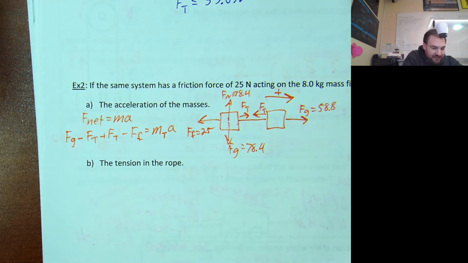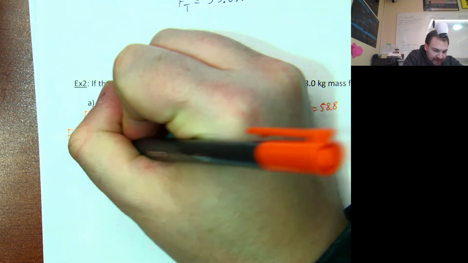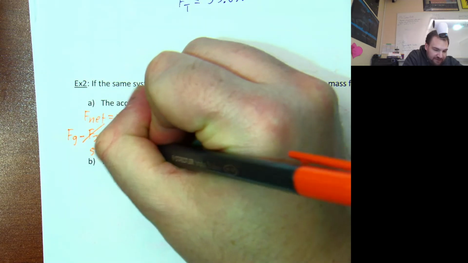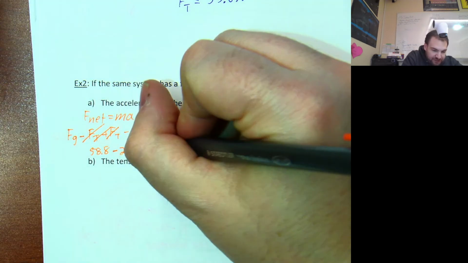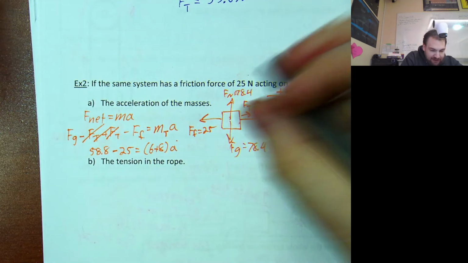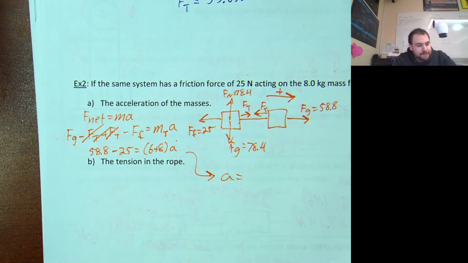And now I can fill this thing in. That and that are going to cancel, so I'm going to get 58.8 minus 25 equals my total mass of 14, the 6 plus the 8, times A. And I'm going to get a value now for A of what? We expect it to be bigger or smaller than what it was previously?